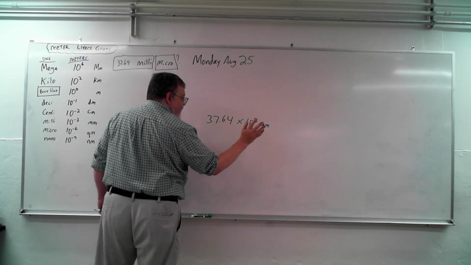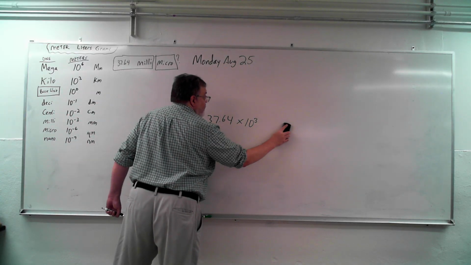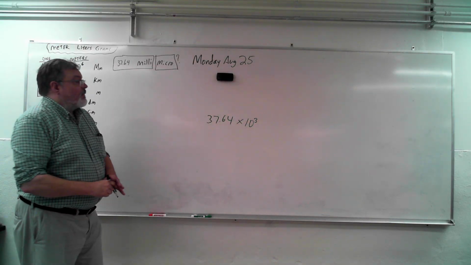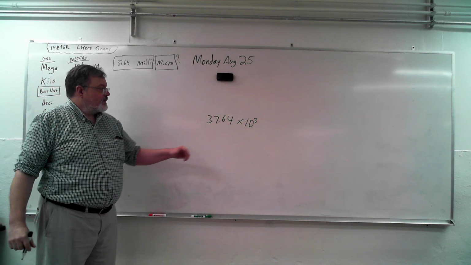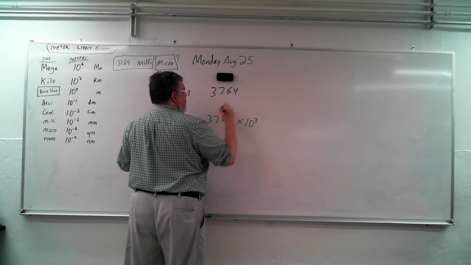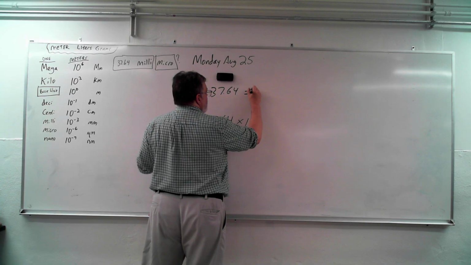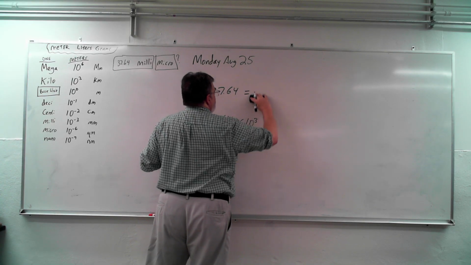The twist here is we already have a power of 10. And let me move the micrometers out of the way. We already have a power of 10 in this one. If this was just this with no power of 10, I can put it on the slide.